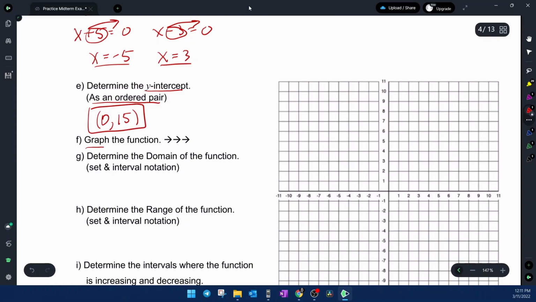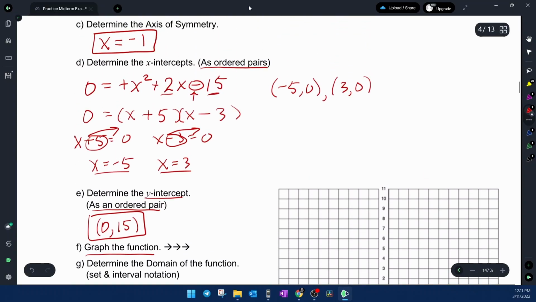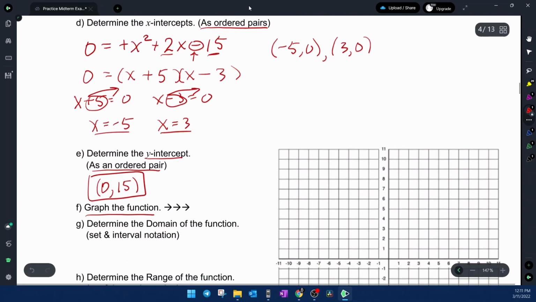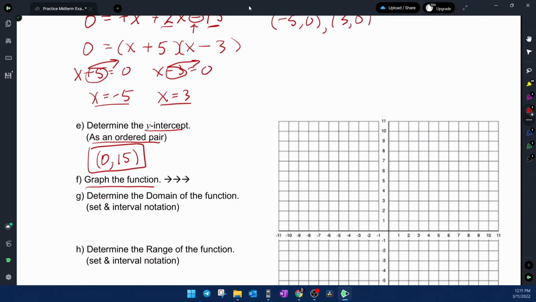And finally, we get to graph the function by plotting all the points we have so far. So we have a vertex of negative 1, 16, which is going to be off of my chart. 11, 12, 13, 14, 15, 16. Negative 1, 16 is going to be about here.